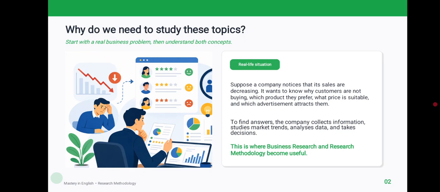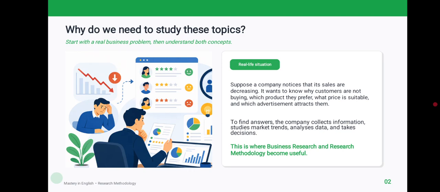Now the company cannot take decision only by guessing. It needs the facts, it needs the information, it needs the data regarding the questions. It collects the information from the customers. They also collect the information from the previous studies.